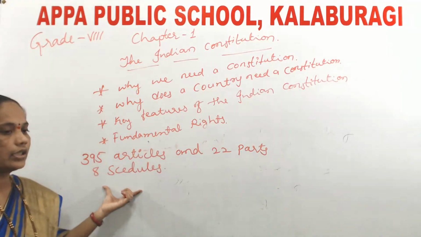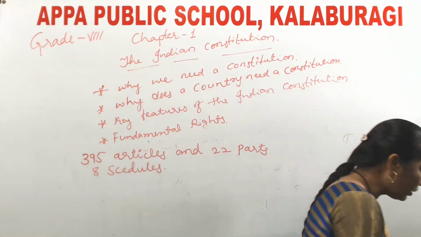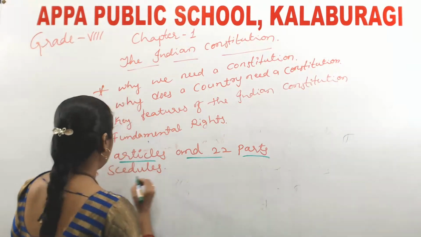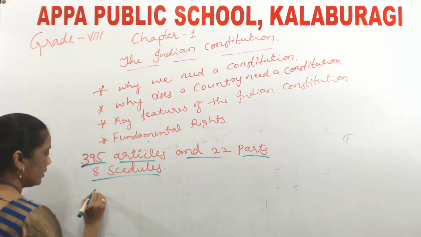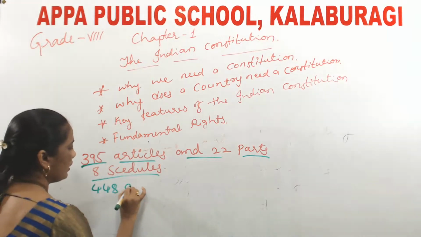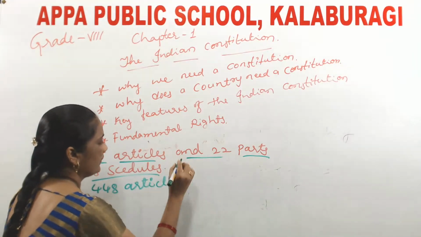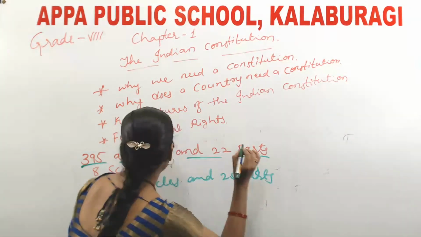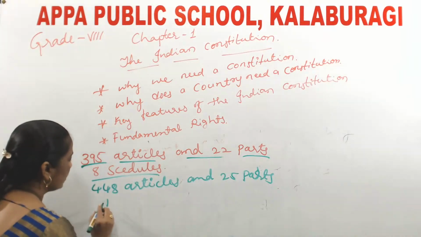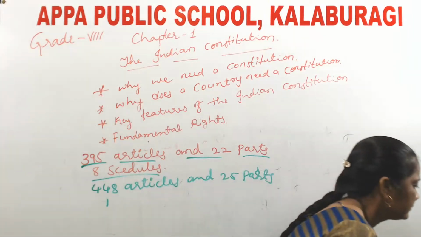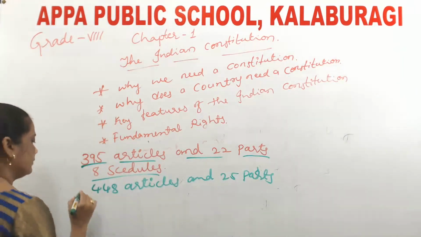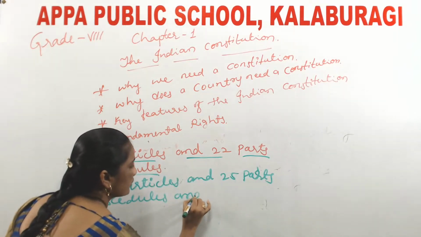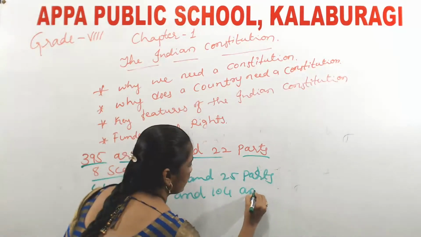But now, at present, the Indian Constitution has 448 articles, 25 parts, 12 schedules and 104 amendments.